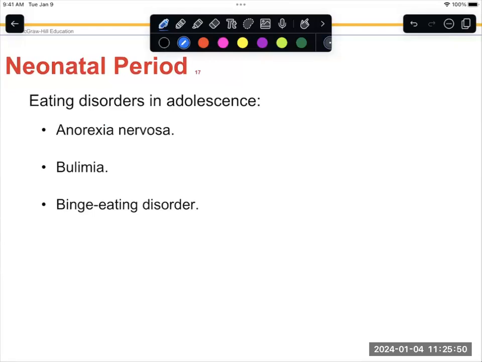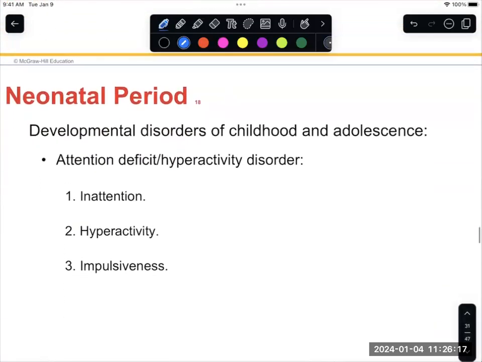Bulimia. I like how your textbook always says it's females because it's more common in females, but it does happen in both sexes, males and females. Bulimia occurs in adolescents who binge eat 2 or 3 times per week and then make themselves throw up. Then binge eating disorder is usually binge eating 2 to 3 times weekly without compensatory vomiting.